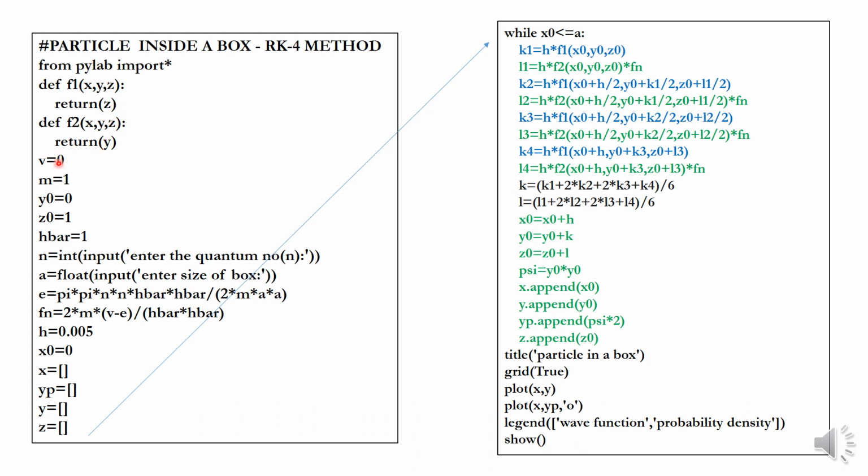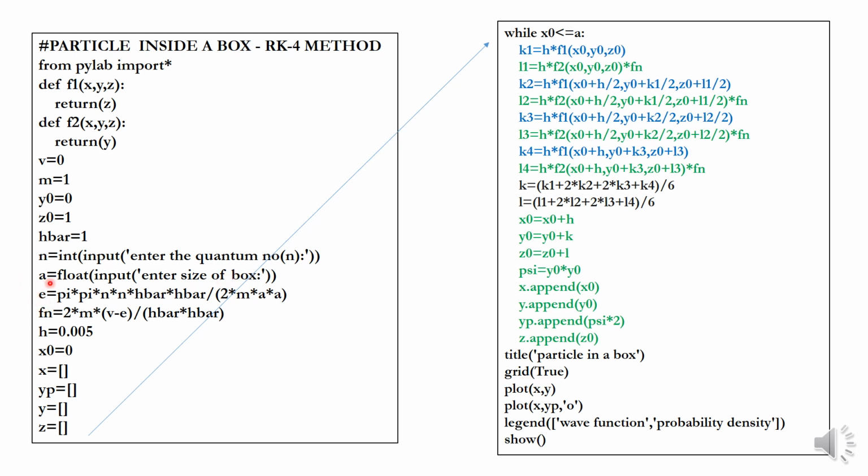We initialize the potential V as 0, since inside the box the potential is 0. The mass is taken as 1, y0 is initialized as 0 and z0 as 1, and h bar is taken as 1. We input the quantum number n and the size of the box A.